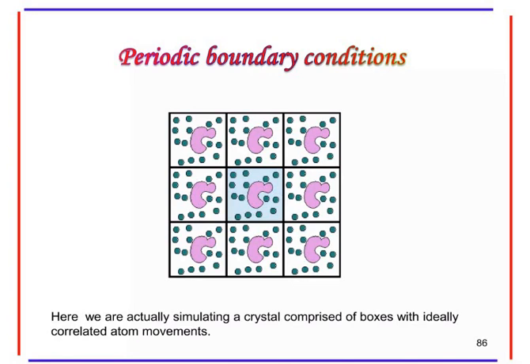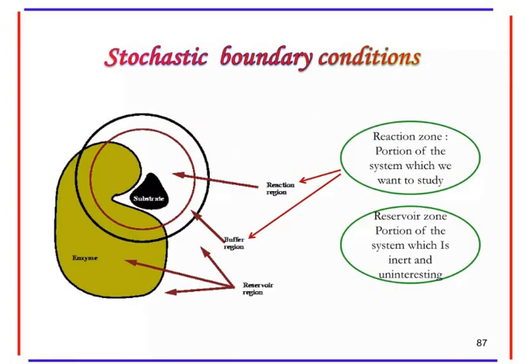You can see the periodic boundary conditions: here we are actually simulating a crystal comprising boxes with ideally correlated atom movements. In stochastic boundary conditions, the reaction zone is the portion of the system which we want to study, and the reservoir zone is the portion of the system which is inert and uninteresting.